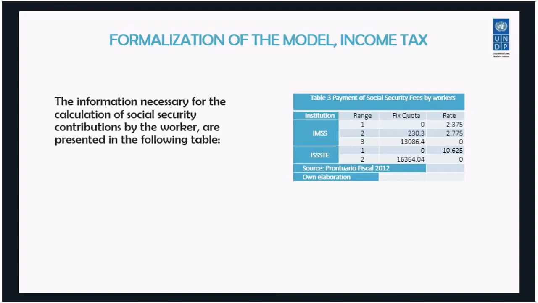In Mexico, for instance, if they are employed, if they are salaried workers in the private market, they have to pay contributions to the IMSS, which is the Mexican Institute of Social Security. If they are salaried workers in the public sector or government officials, they have to contribute to the other system, the ISSSTE, which is the social security system for the public employees.